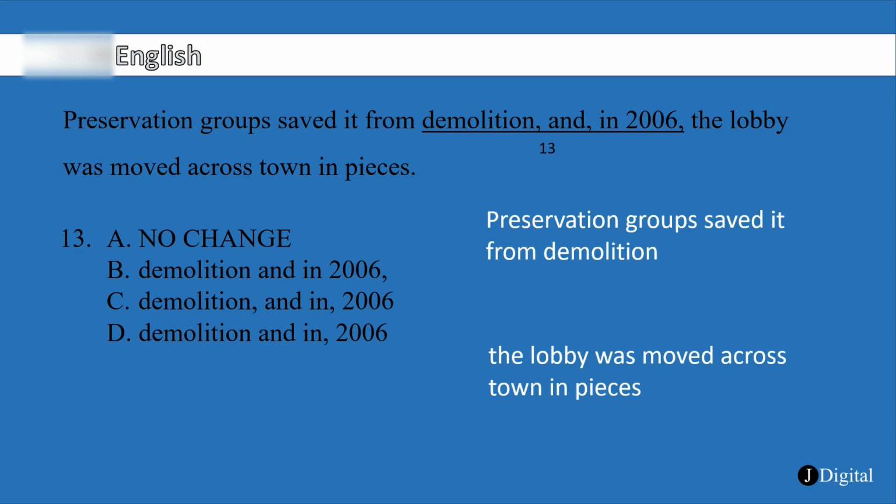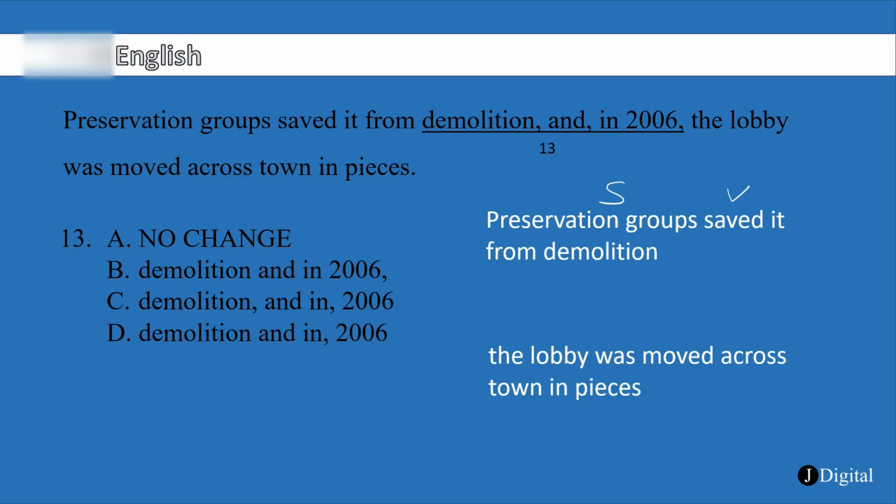So we look here, we have two pieces here. Preservation groups saved it from demolition, and the lobby was moved across town in pieces. So in this first one, we want to check if we have a subject, a verb, and a complete thought. Preservation groups, that's our subject. Verb, saved it, so saved. So what happened?